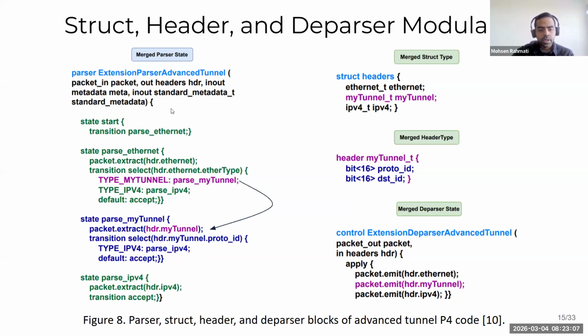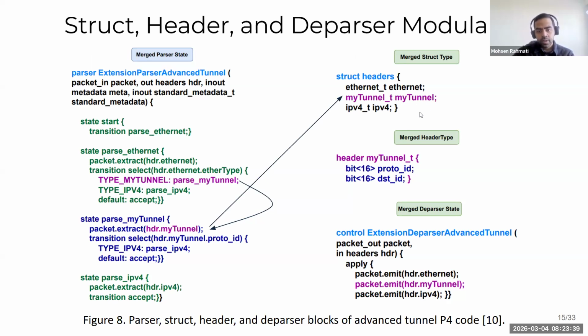And also in the first part of the program, we have hdr, I mean out hdr's hdr. The compiler can understand the connection between them, and based on this connection, can merge the corresponding struct of these states, I mean my_tunnel_t from the extension code.